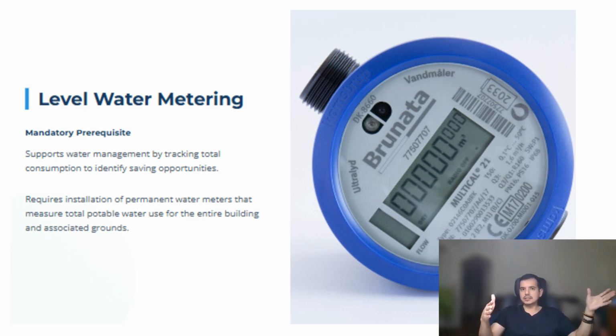But LEED is flexible. It's telling us you can do it manually. Even if you want, you can just write down the data, then put it in a computer, in an Excel data sheet, and show us the results every month and every year. Or you can do it simply by automating the process with a BAS system.